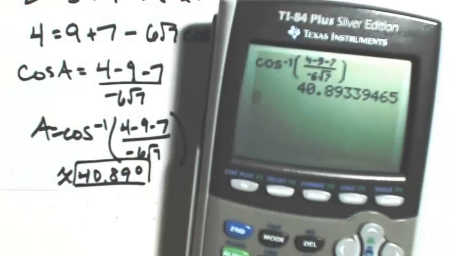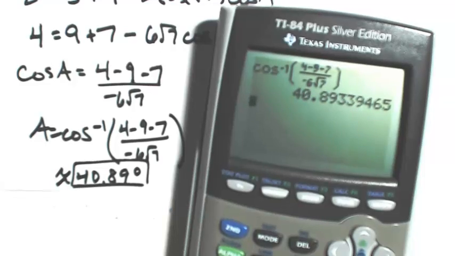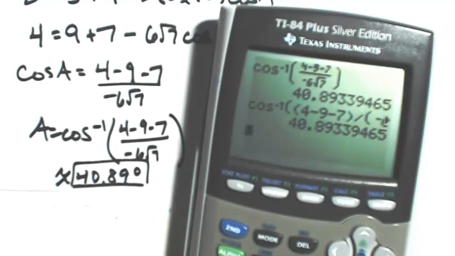If you don't have that fraction capability, you'll just have to separate everything out. So you'd have inverse cosine of parentheses, 4 minus 9 minus 7, divided by parentheses, negative 6 square root of 7, goes out, get the same thing. Okay, either way, doesn't matter.